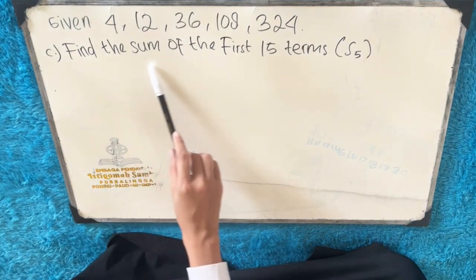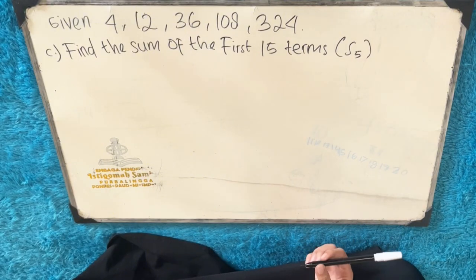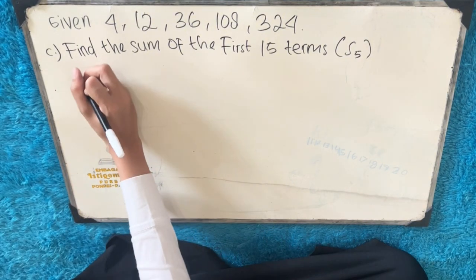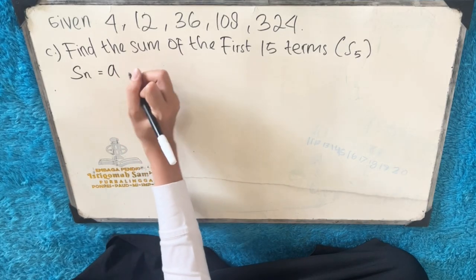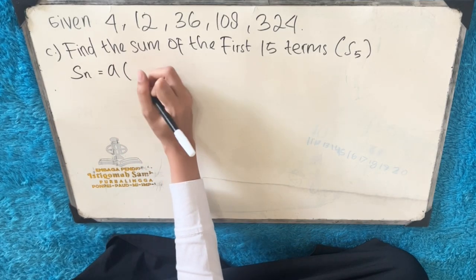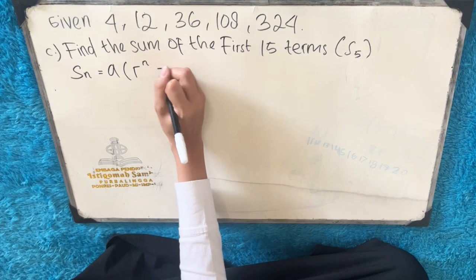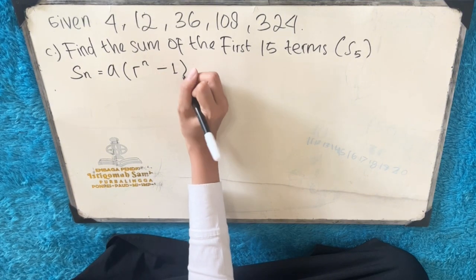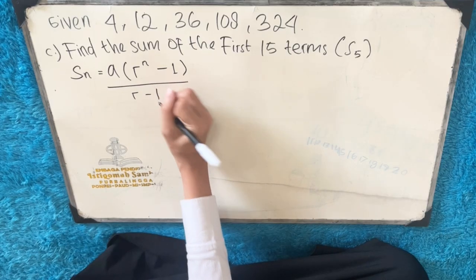Okay, now find the sum of the first 5 terms. We use the formula S sub n equals a multiplied by r to the n minus 1, divided by r minus 1. Okay.